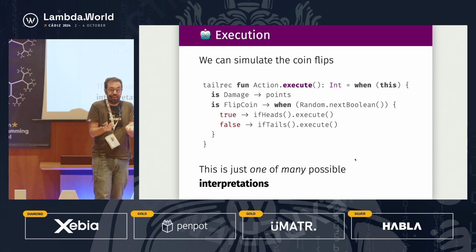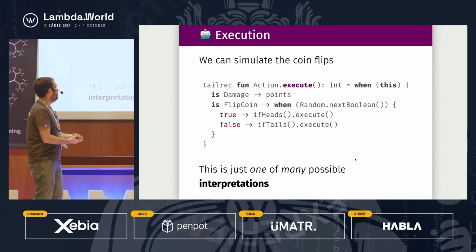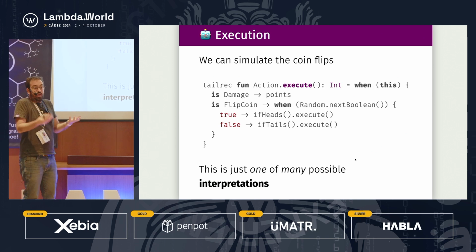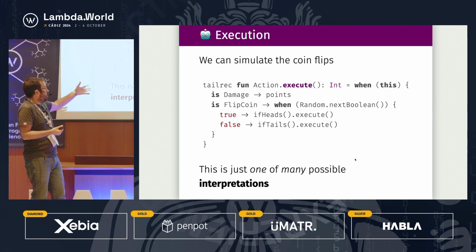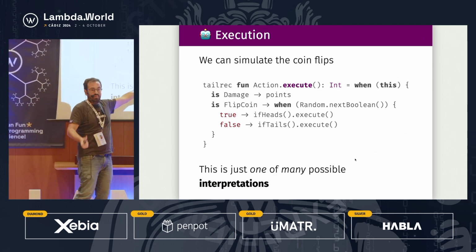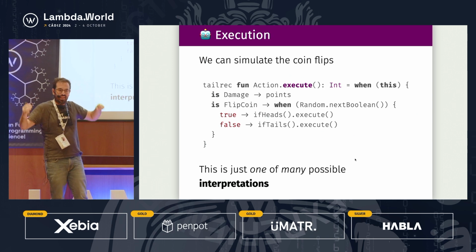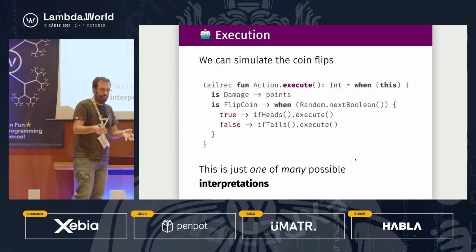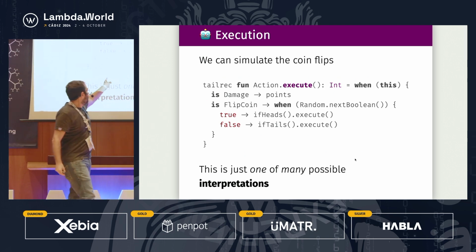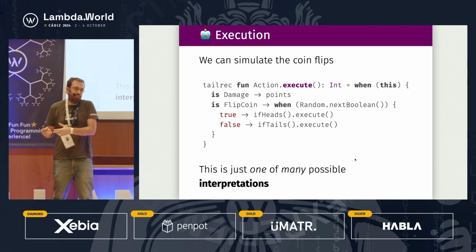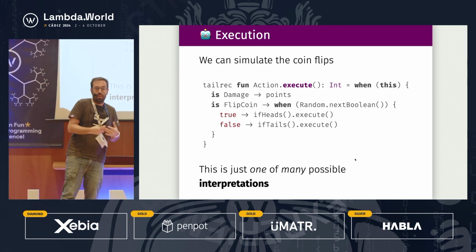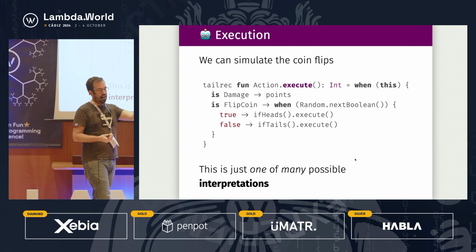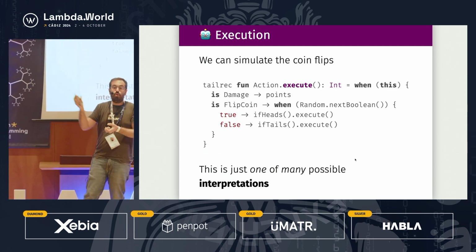This is essentially an interpreter for our program. One way we can execute this is to actually flip a coin, which of course in our case means get a random boolean. Then if it's true, that means you got heads, so you keep executing the heads part. If you get a false, that's a tail, so you keep executing the tails part. So this is essentially giving you a way to have this program and run it.